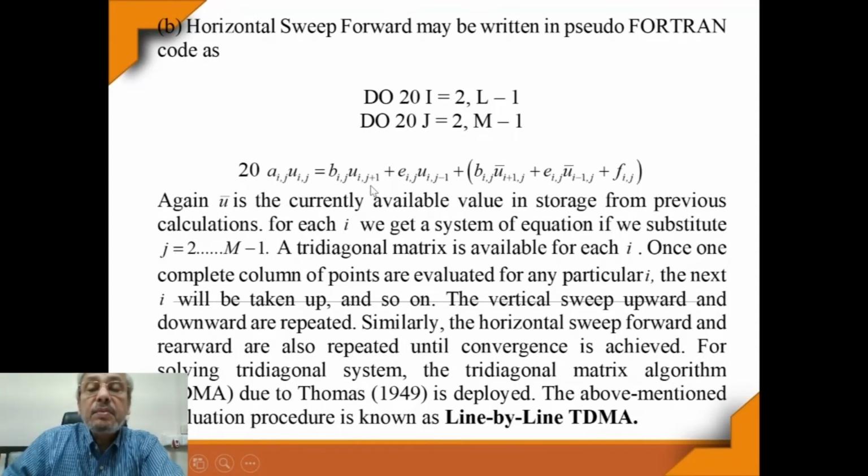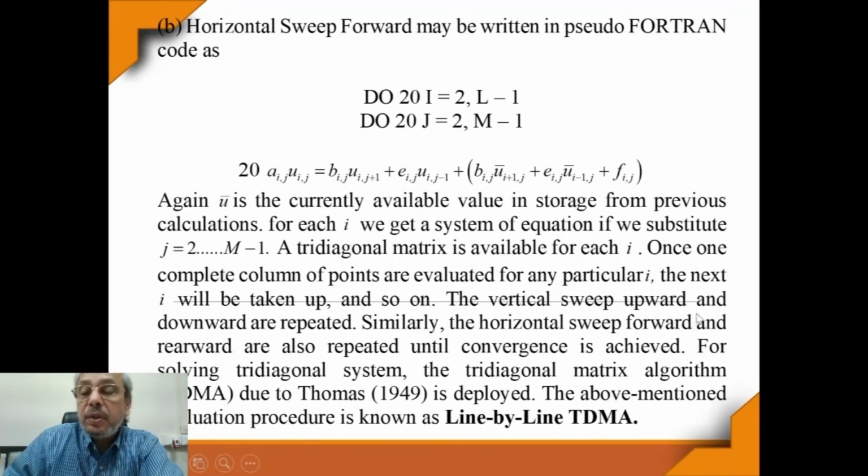So this is basically J plus 1, J minus 1, for every J value 2, 3, 4, 5 up to M minus 1, we get a system of equations. A tridiagonal matrix is available for each I location. Once one complete column of points is evaluated for any particular I, meaning all J's, then the next I will be taken up, and so on.